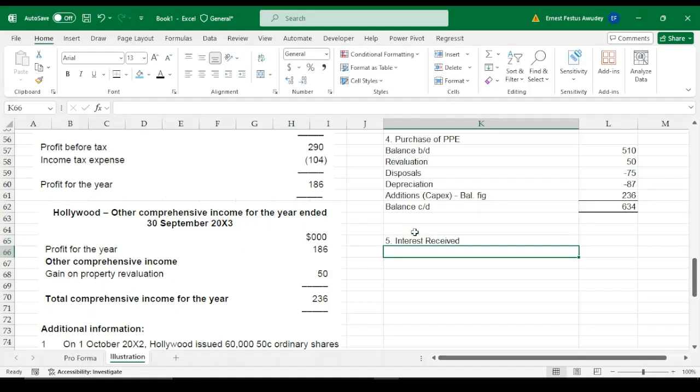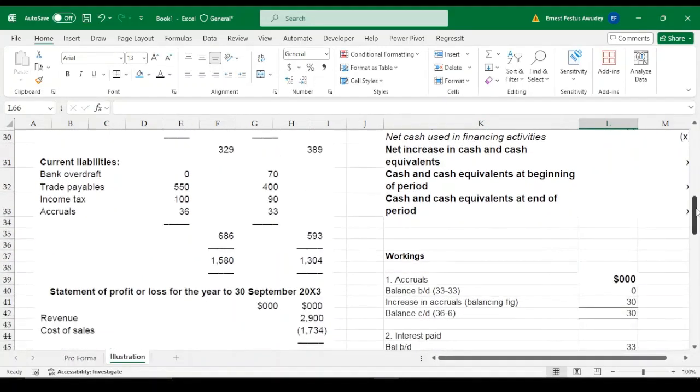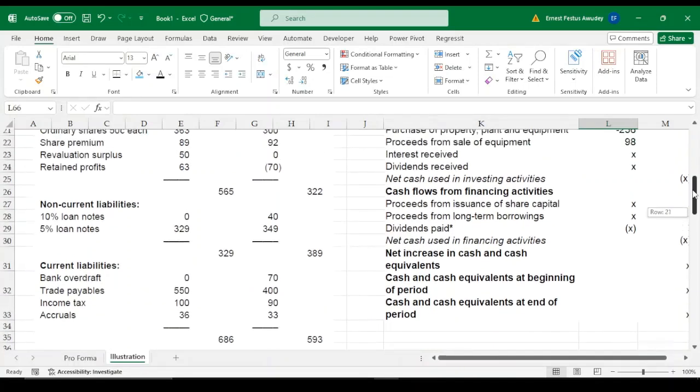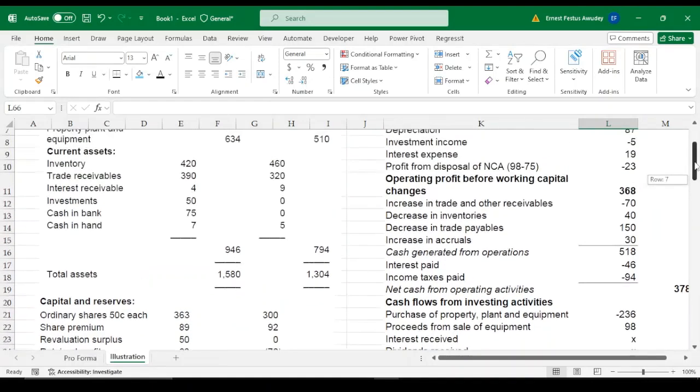So the interest receivable is presented under our current assets. Okay, interest receivable balance brought down. How much was it? It is found at the beginning of the period. It is found in our statement of financial position, under our current assets.